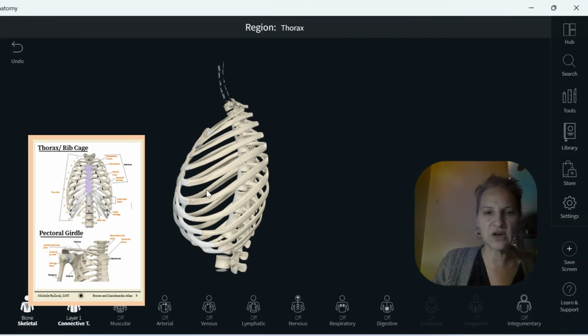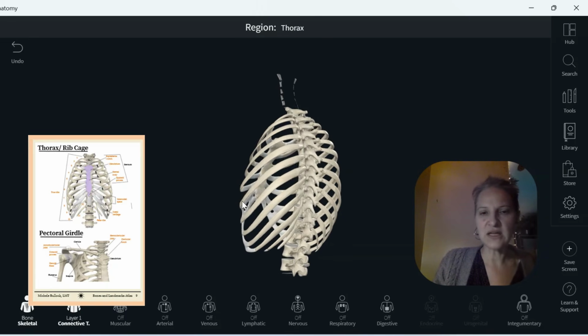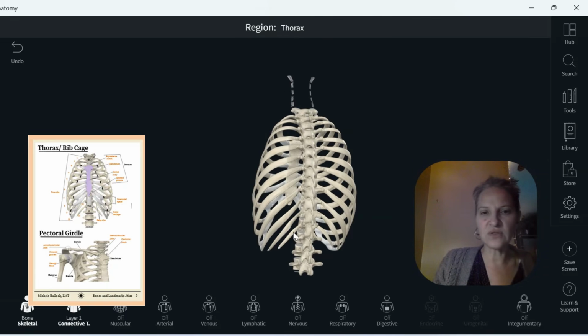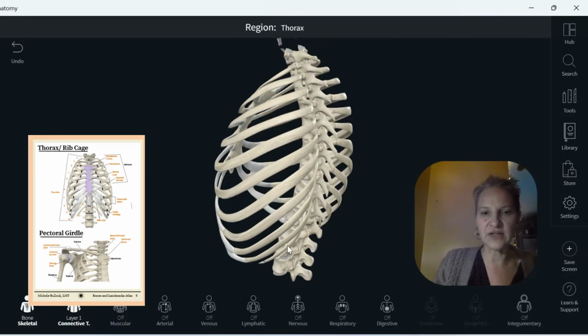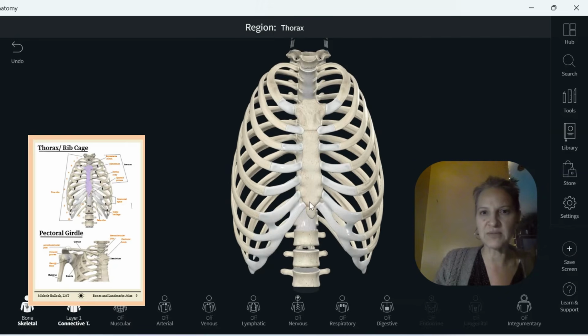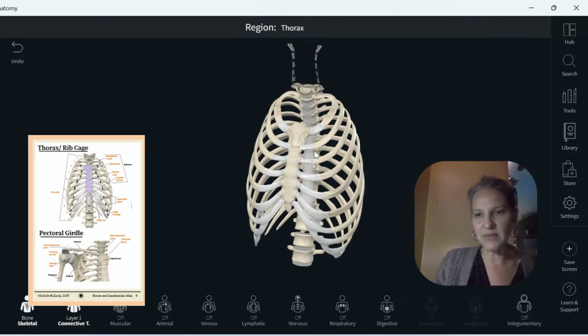Their cartilage fuses into the cartilage of rib 7. And then the last 2 are called floating ribs because they don't have any anterior attachment at all. So I'm really glad to be able to clarify that with you guys. And let's go ahead and get back to the regularly scheduled programming.